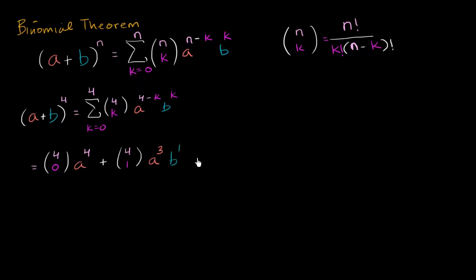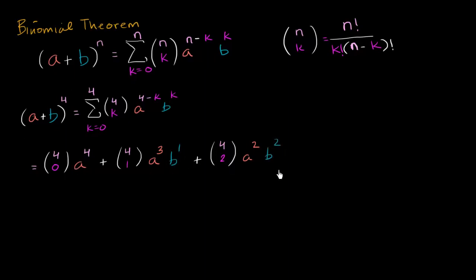And then to that, we're going to add 4 choose 2 times a to the, well, now k is 2, 4 minus 2 is 2, a squared. I think you see a pattern here. A to the fourth, a to the third, a squared. And then times b to the k. Well, k is 2 now, so b squared. And you see a pattern again: b to the 0, b to the 1, b squared.